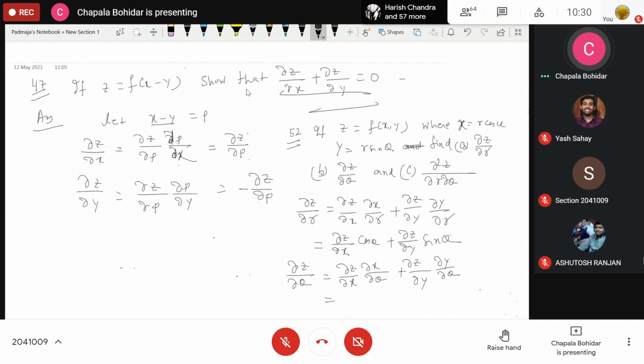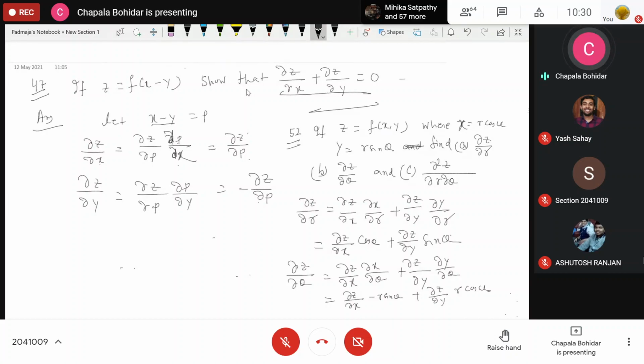Del x by del theta is minus r sin theta. Del y by del theta is r cos theta. It is already done this part, I think. Clear to all of you?